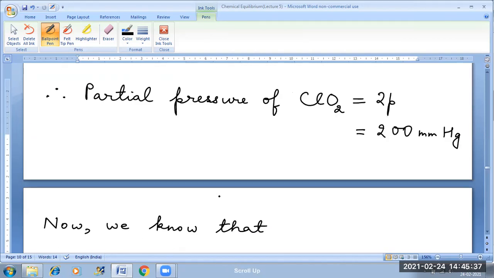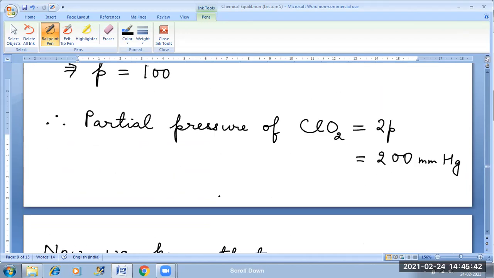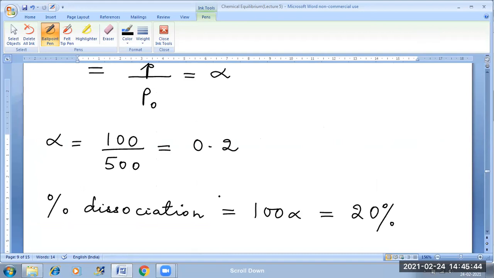Small p we found out 100. Capital P naught is given in the question as 500. So 100 upon 500 is alpha, which is 0.2.